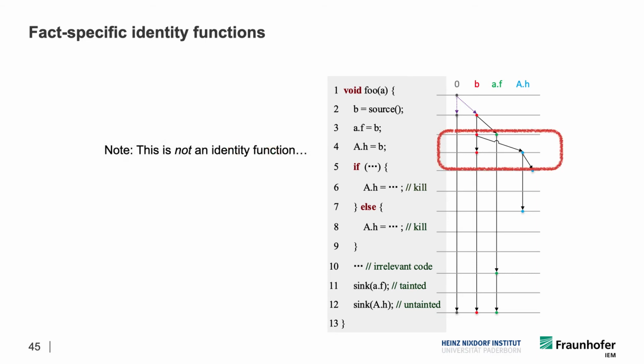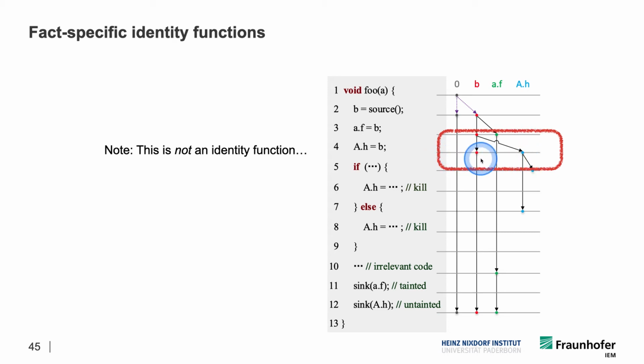And again, if you look at this whole flow function as one, you could also say, as in IDE where we talked about environment transformers, that it is the transformer that takes all of the data flow facts from before the statement and transforms them into the data flow facts that are required after the statement.